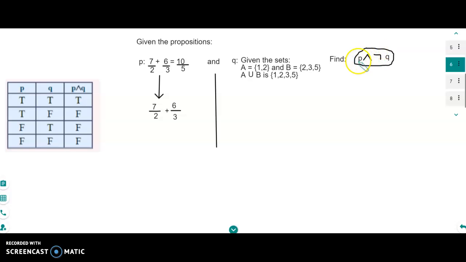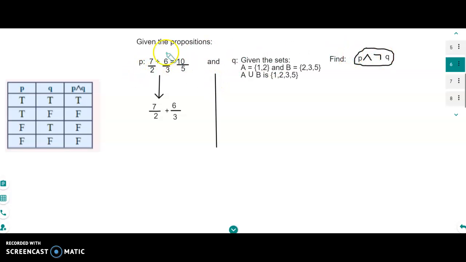We have to find P and, remember that it means and, the denial or negation of Q. So what do we have to find first? We have to find the truth value of P, then the truth value of Q, and after we have the truth value of Q, we can find the negation of Q. So let's start little by little.